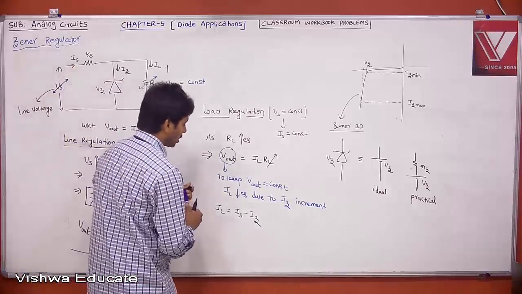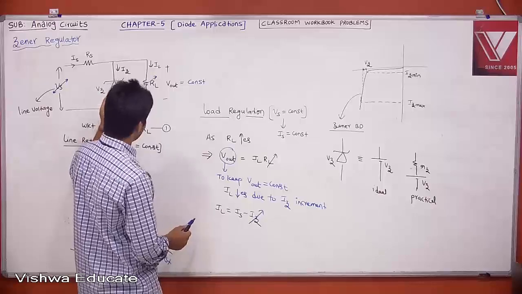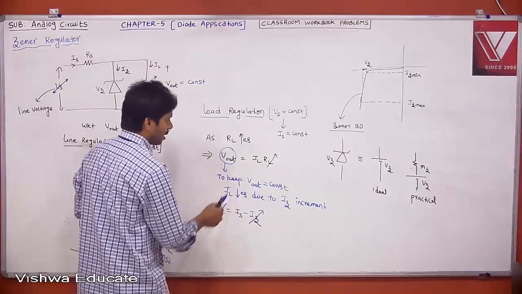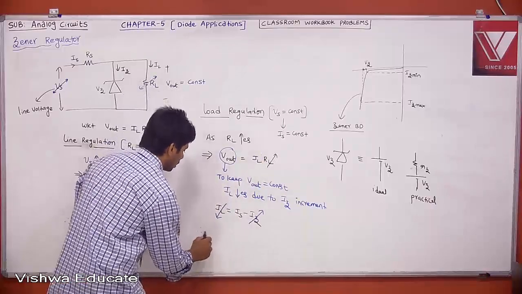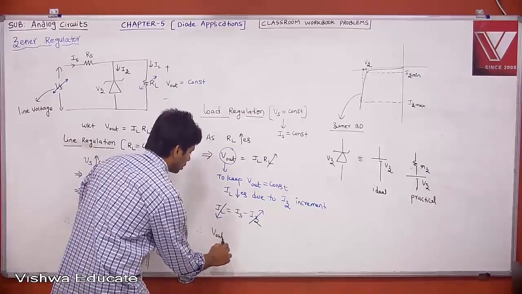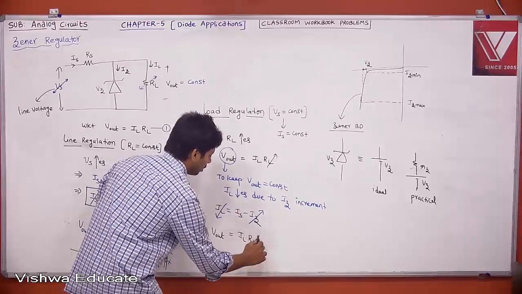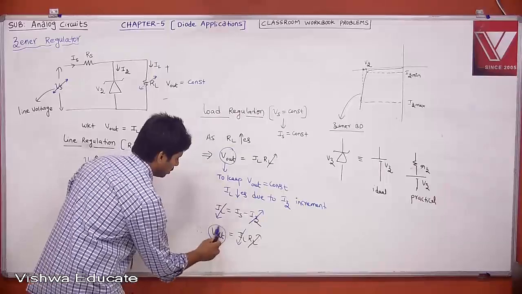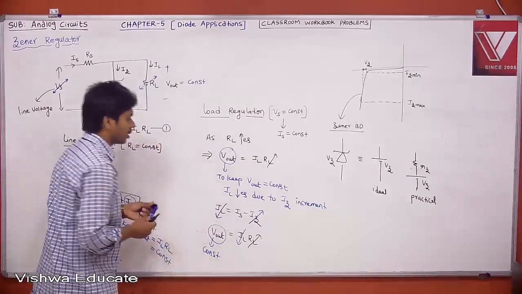Automatically your IZ will increase to keep Vout constant. Therefore, your IL will decrease. When IL is decreasing, then you know what will happen? Therefore, your Vout is constant, equal to IL into RL. Even though RL is increasing, your IL will decrease. Therefore, this is constant.